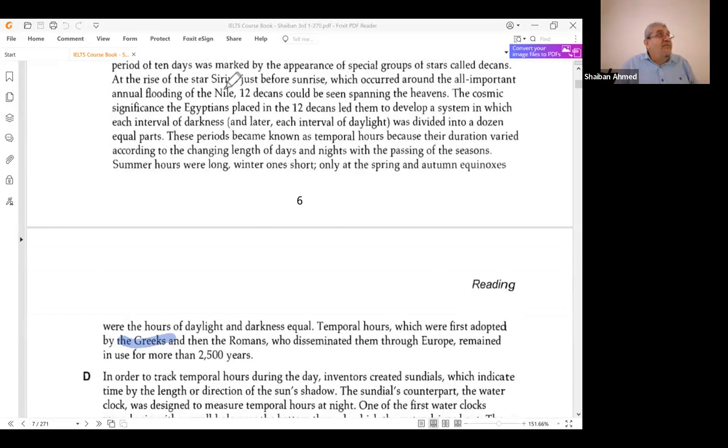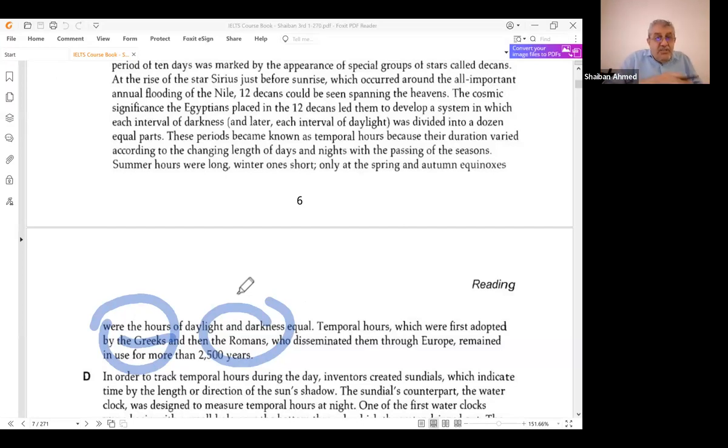Do you think we have a question here? Because he says Greeks, then the Romans, who disseminated them through Europe, remained in use for a long time. The matching is clear. It is about one country.